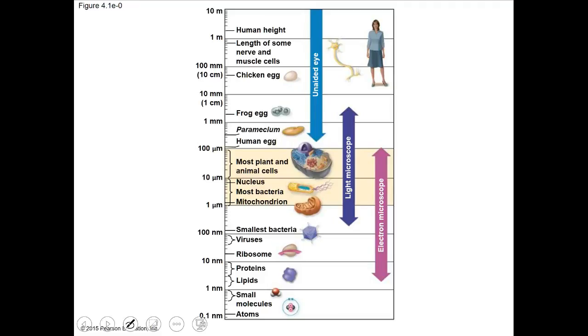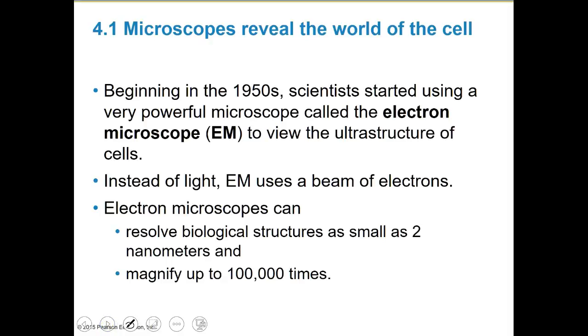You need a light microscope to see from about the paramecium down to about the mitochondria level. Beyond that, you're going to need the electron microscope, which started in the 1950s. So scientists started using a very powerful microscope called the electron microscope, and it views these ultrastructures of cells.